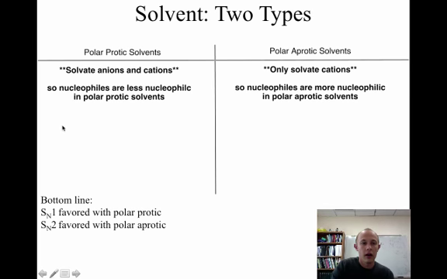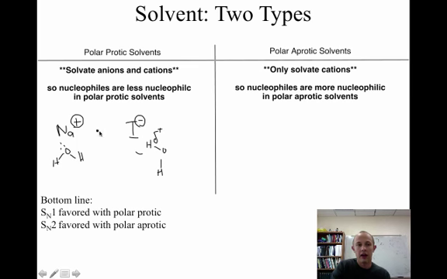If we add a nucleophile, let's say sodium iodide, it's going to dissociate into sodium ions and iodide ions, and the negatively charged part of the molecule can attract and stabilize this positively charged sodium, and similarly the partially positively charged hydrogen can stabilize this negatively charged iodide.